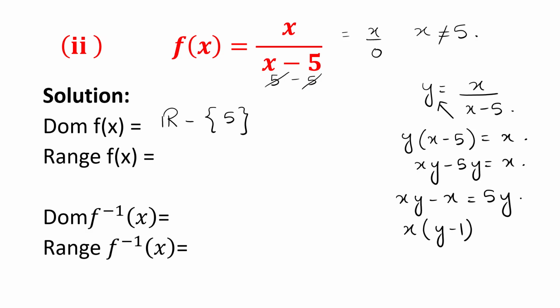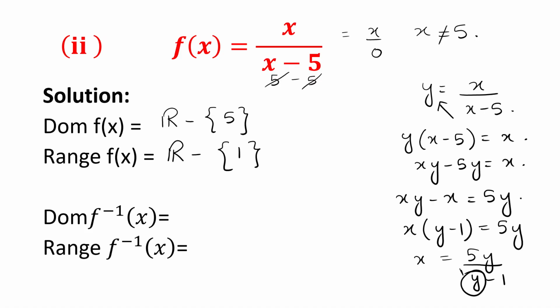So we are left with x into y minus 1 equals 5y. By taking this y minus 1 to the other side, we get the value for x. Now, this y should not equal 1 because 1 minus 1 is 0. So the range will be the set of all real numbers except this 1.